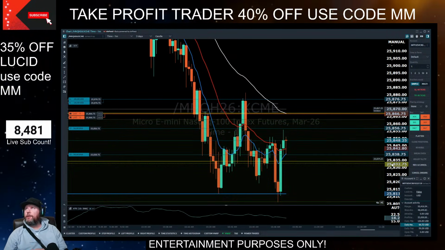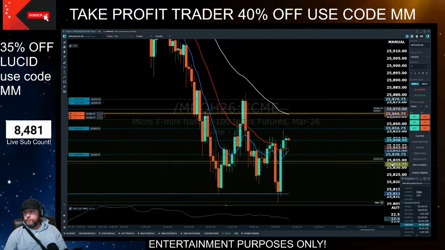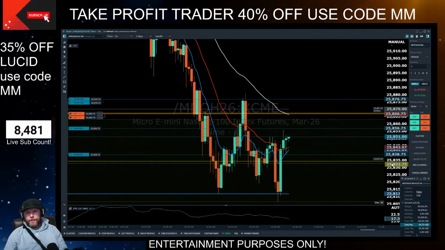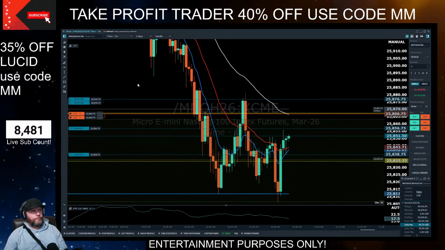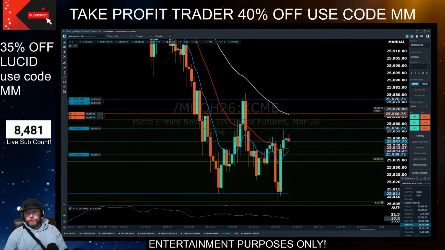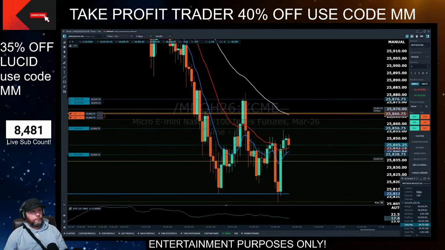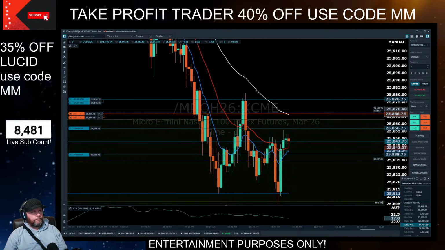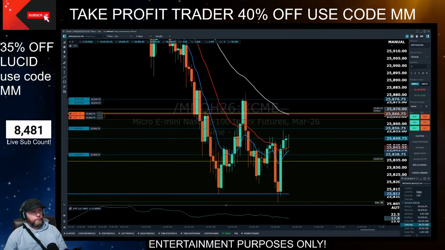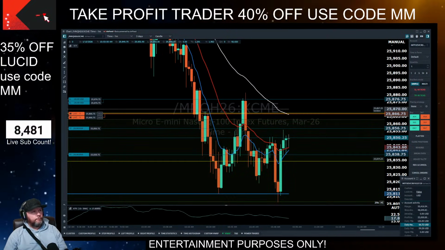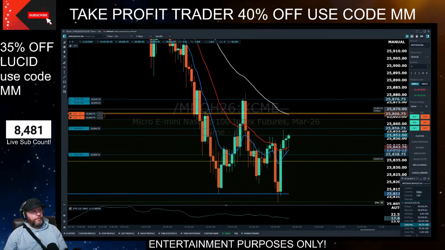We'll try an EMA touch here off the 50. Probably going to squeeze up here into the 60s.